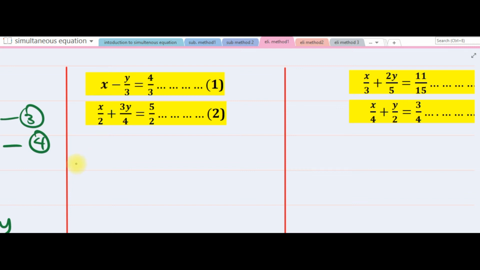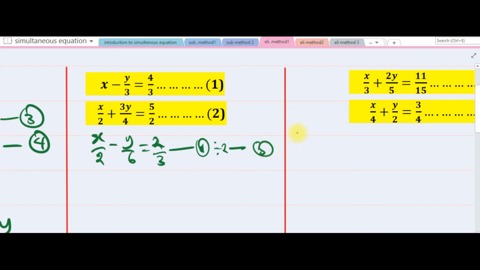If I divide equation 1 by 2, I will now have x over 2 minus y over 6 equals 2 over 3. What I did is equation 1 divided by 2, call it equation 3.